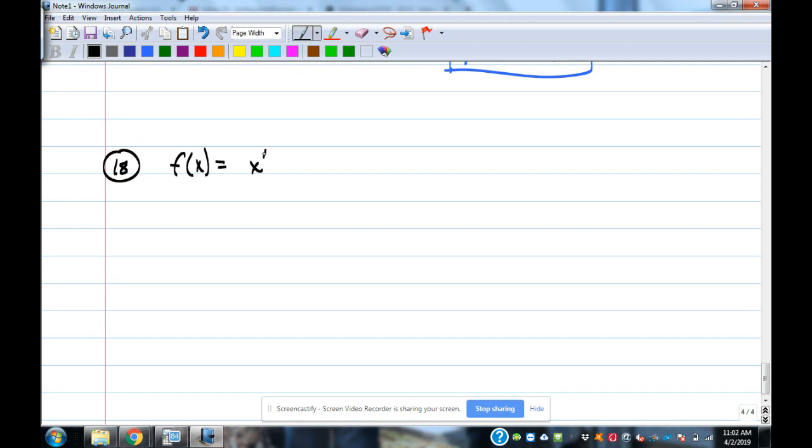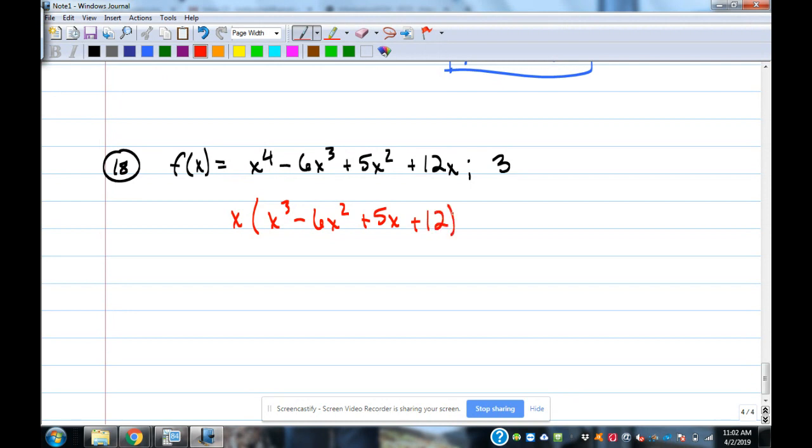Let's do this one. X to the 4th minus 6x cubed plus 5x squared plus 12x. And they tell us that 3 is a 0 of that polynomial. What do we know about this one? I can pull out an x: x cubed minus 6x squared plus 5x plus 12.